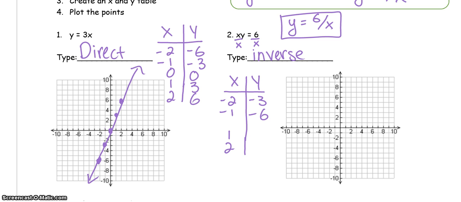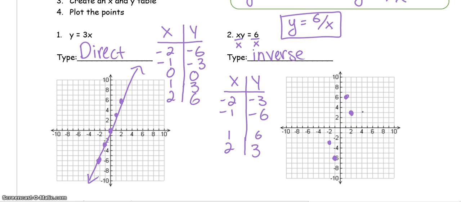Let's see if with just doing these 4 we'll be able to figure out the graph. Then 6 divided by 1 is 6, and 6 divided by 2 is 3. So I've got -2, -3, -1, -6. We've got 1, 6, and 2, 3.